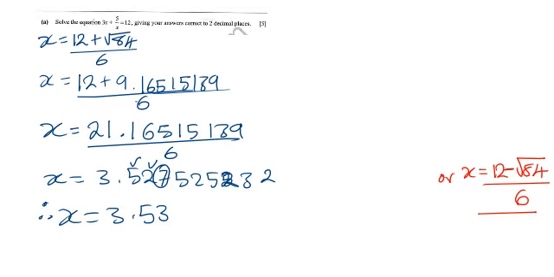So for the negative, we're having x equal to 12 minus the root of 84 like that over 6.